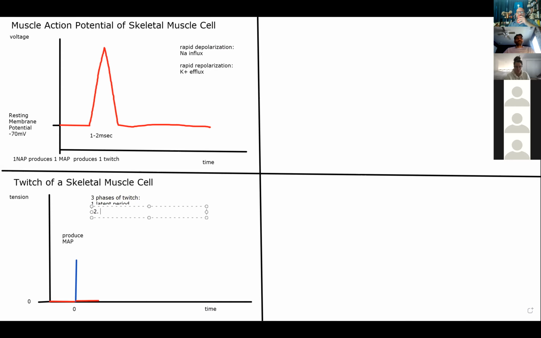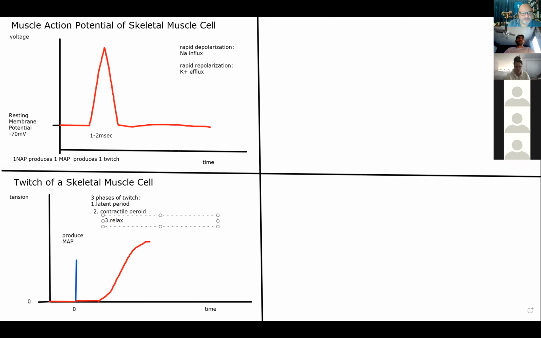The second phase of a twitch. Contractile period. And how does tension change during the contractile period? It increases. Excellent. And then it finishes with the third phase, which is what?